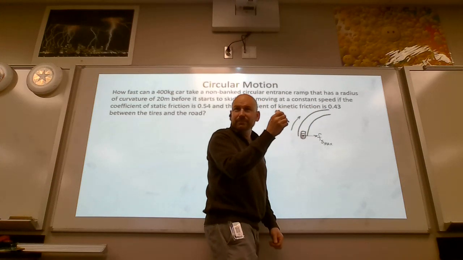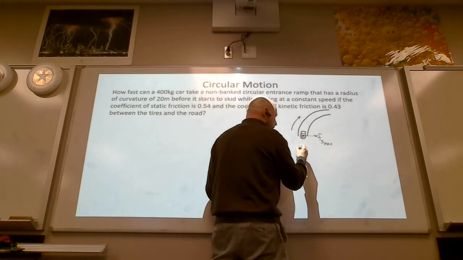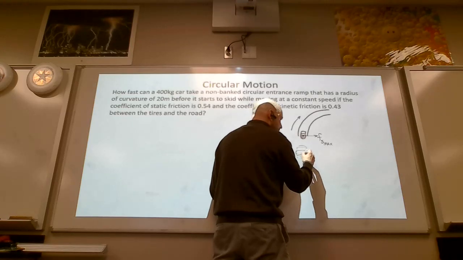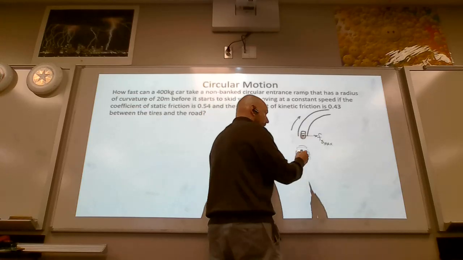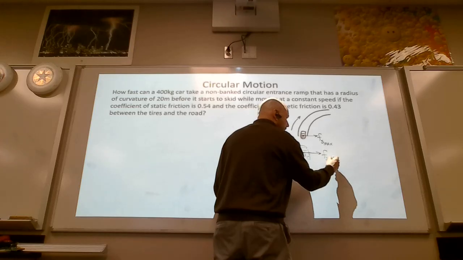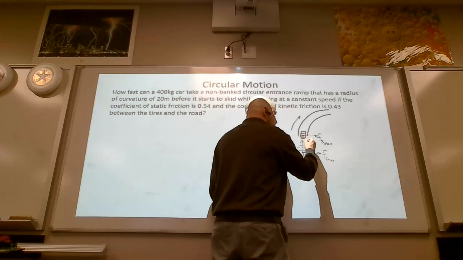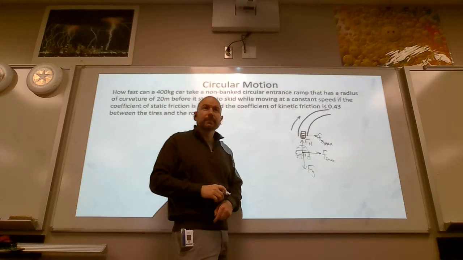So I'm going to draw it in a different way: here's the back of the car, tires, license plate. Static friction is going this way. You have gravity and normal force. Good?